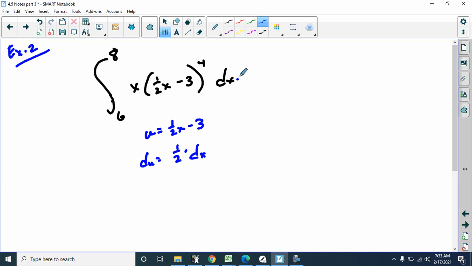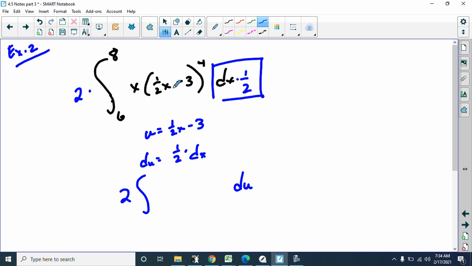So I need to multiply by 1/2 to make my du. I need to cancel out that 1/2 I just multiplied by multiplying by 2. 1/2 dx is equal to du. This becomes du. I just bring my 2 down. Here I have u to the 4th.